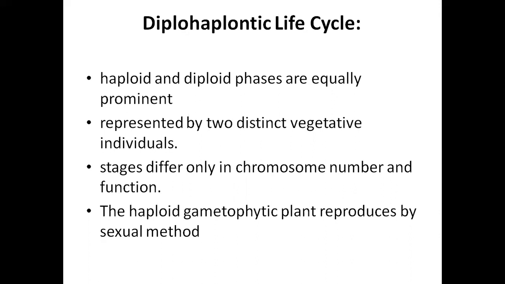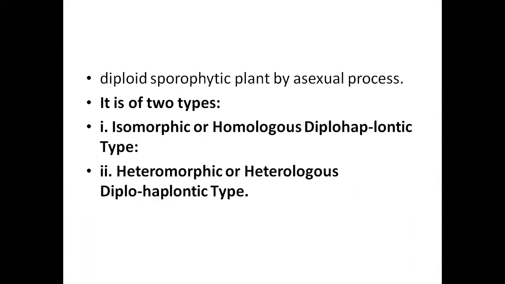Here the gametophytic plant body is haploid, and in diplontic the plant body was sporophyte. That means 2n. Here the plant body is n. Now diplosporophytic, and there is also method diplosporophytic plant by asexual process.